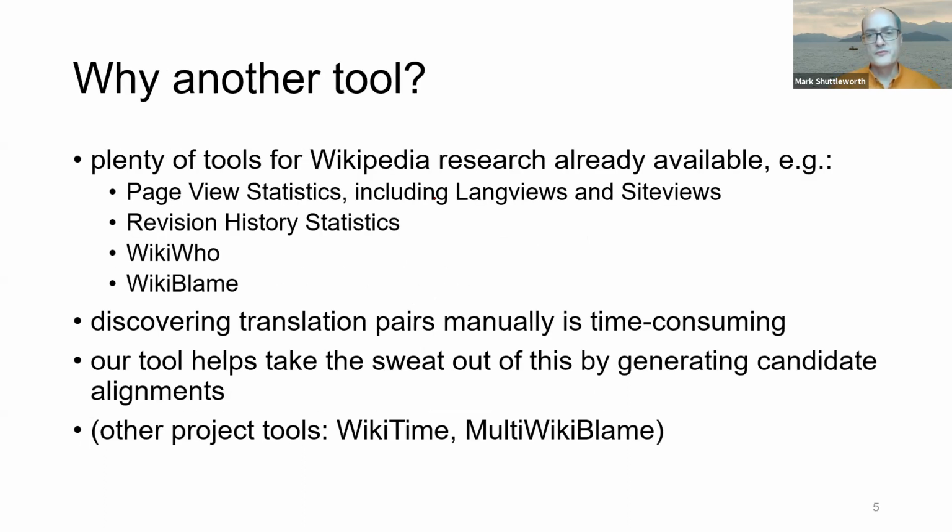Okay, so some of you may be wondering why another tool? There are so many tools for the study of Wikipedia and for researching Wikipedia. I personally adhere to the idea that if you're researching Wikipedia, you should use Wikipedia to do so.